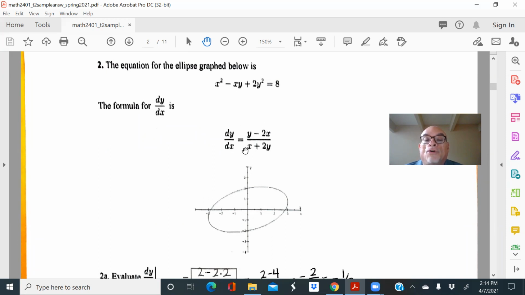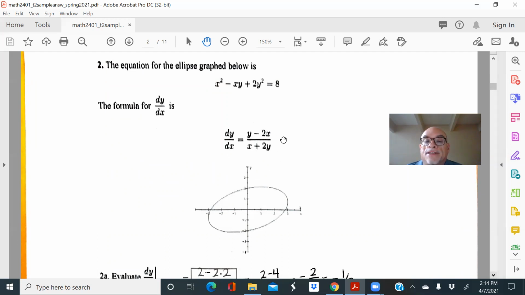We're just told dy over dx can be computed from this formula, y minus 2x over x plus 2y. Normally you would find that formula for the derivative by using implicit differentiation, which we've been practicing here recently, but in this case, it's already done for us.